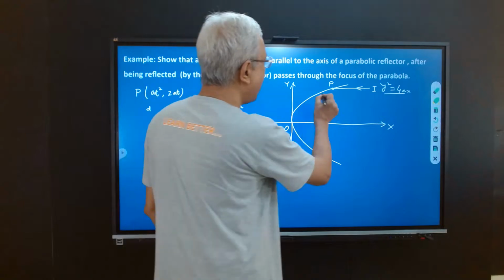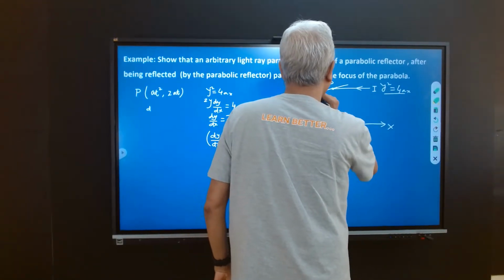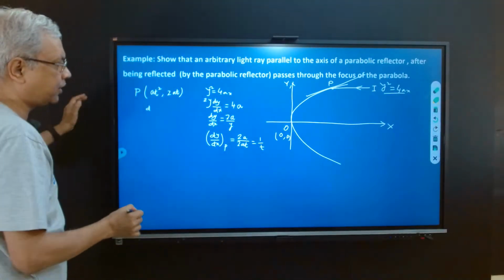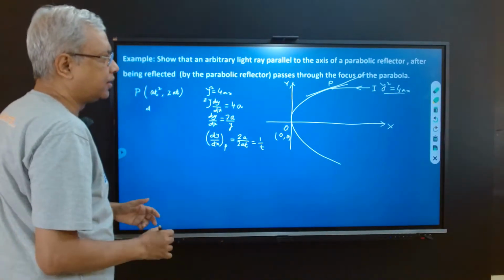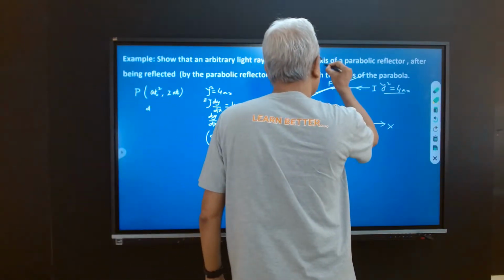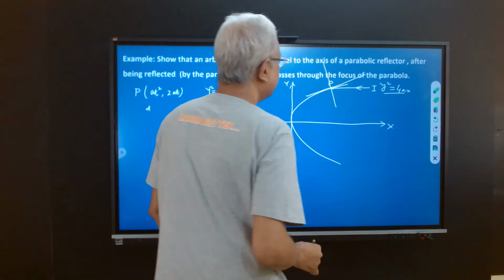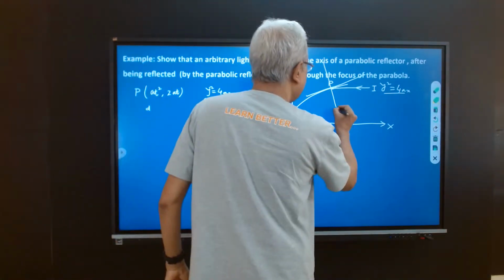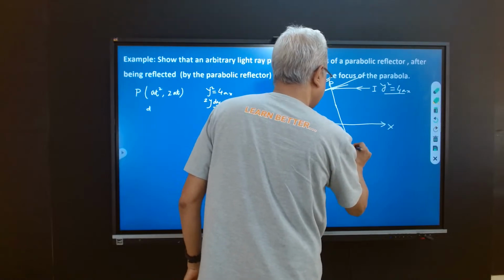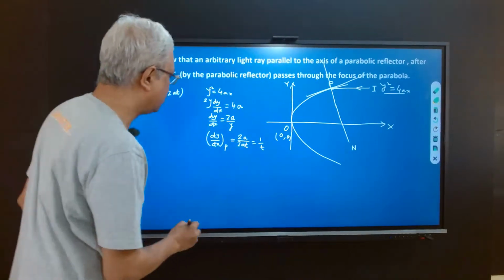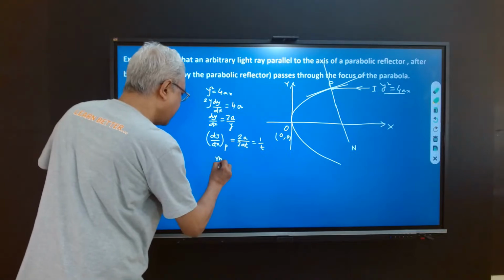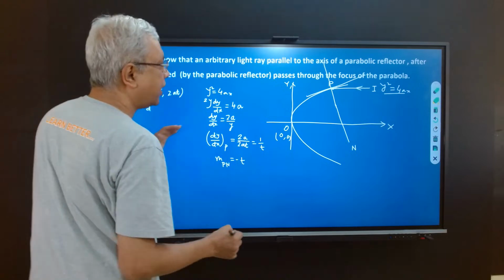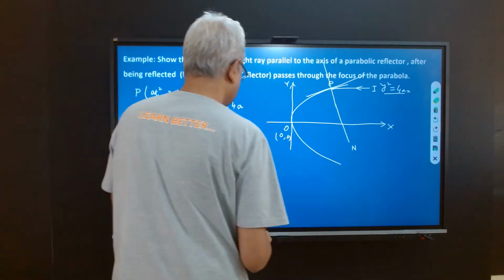Therefore, if I draw a tangent at P, then the gradient of the tangent is 1 by t. Now, if I draw a normal through P, then the gradient of the normal, if I call it PN, will be minus t.